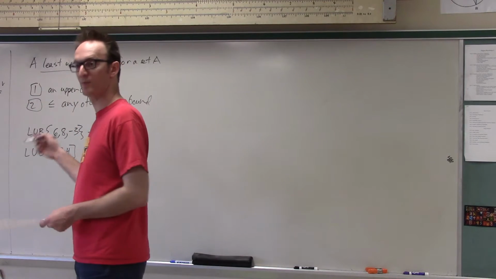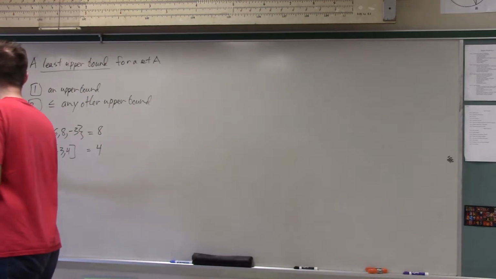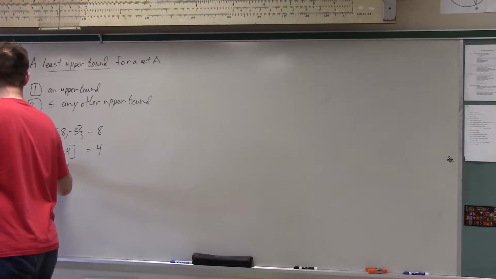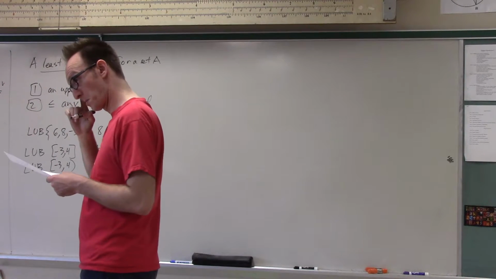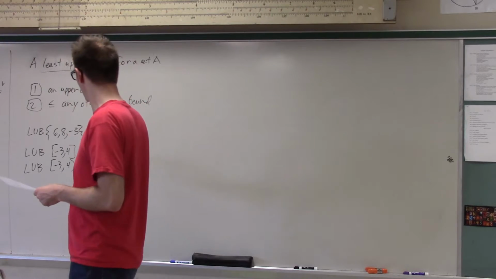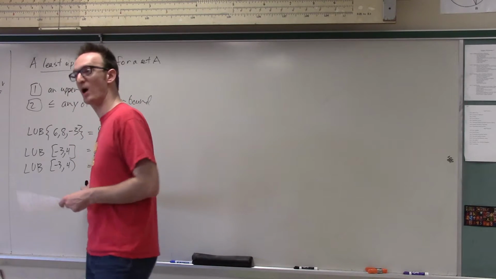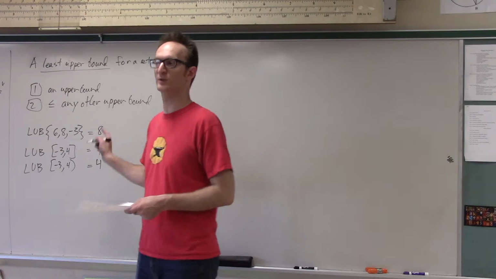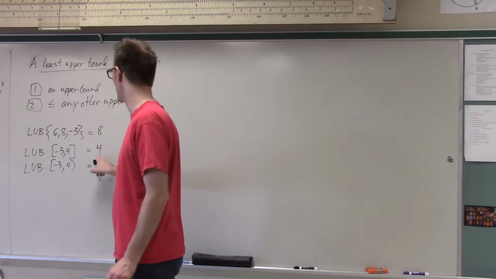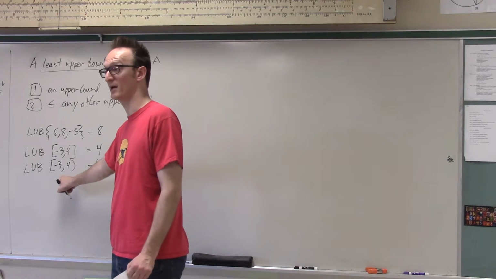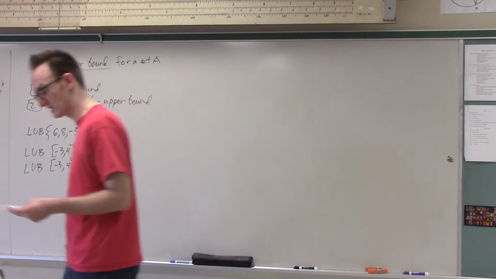What about from negative 3 to 4 open? It's still 4. 4 is still the smallest number which is greater than or equal to all of those numbers. But notice that in this case, that number 4 was not in the set itself. So sometimes it's in the set, sometimes it's not.